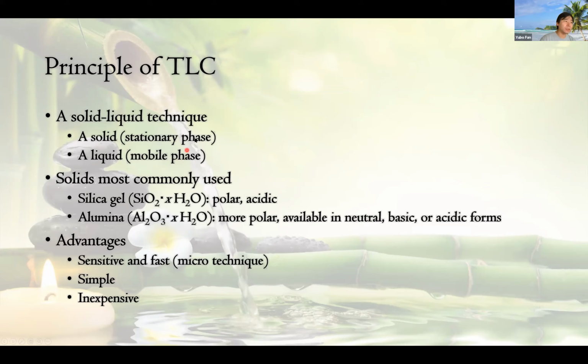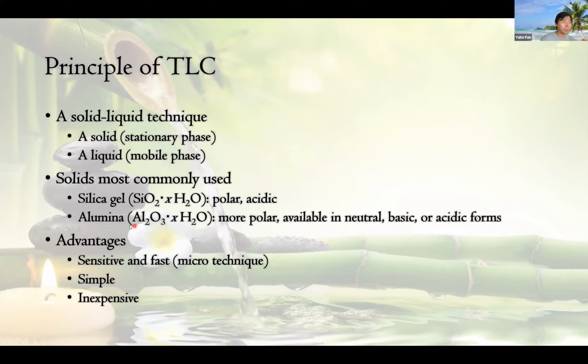The stationary phase is the solid on the paper or on the surface of the glass. The solid phase is usually silica gel. Basically, it's like glass or like sand. It's very polar, and usually very acidic.